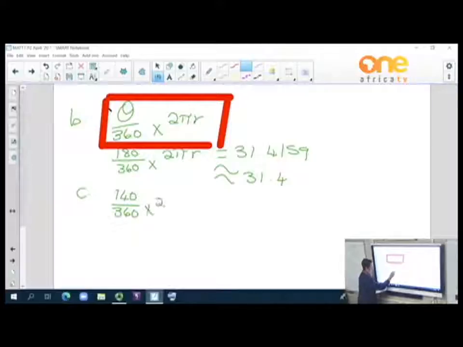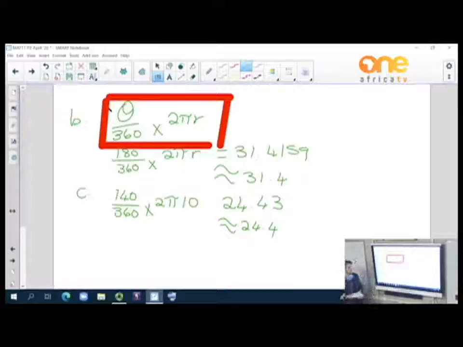And in this case, the radius remains 10 all the time. Yes? Do you have a question? Okay, I'm coming. 24.43. Okay, and then we round off to 24.4. Don't be lazy with this, because otherwise you have to redo it again. You must use unrounded information in a B part or so.